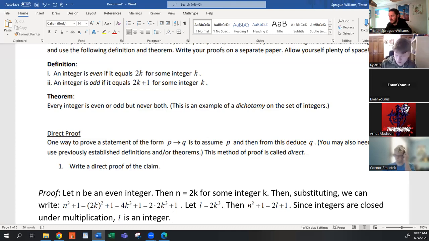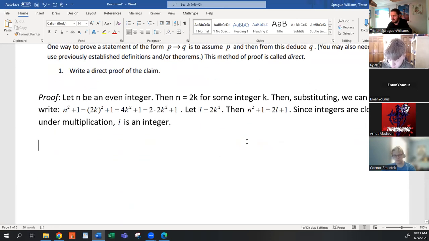If L had been defined instead of as 2k squared, if L had been defined as like 2 times the square root of k, that is a formula which, although it might have an integer input, is not guaranteed to have an integer output. So, as long as you're just multiplying or adding integers together, you're guaranteed to still have an integer. Okay, so that's something you can keep in mind for later.